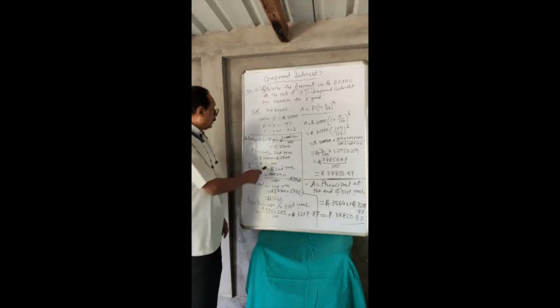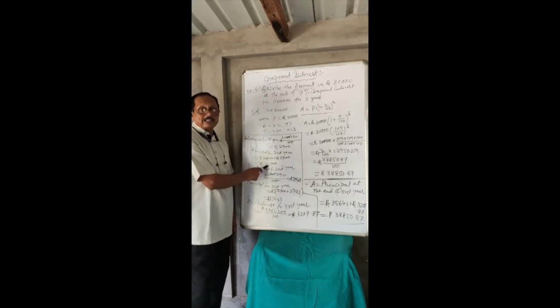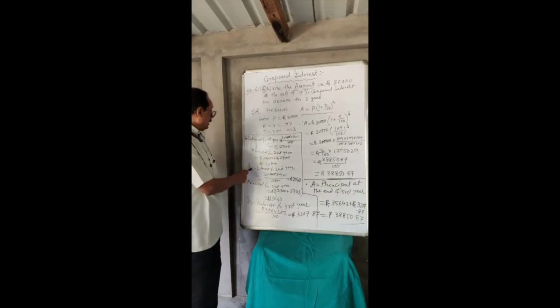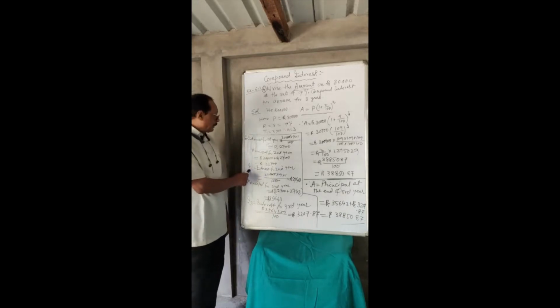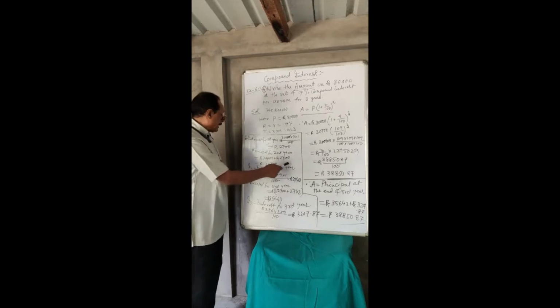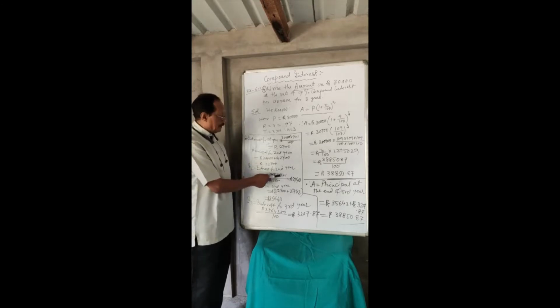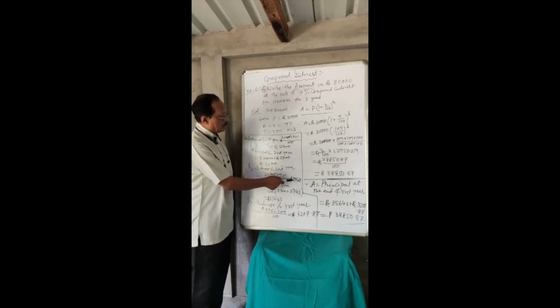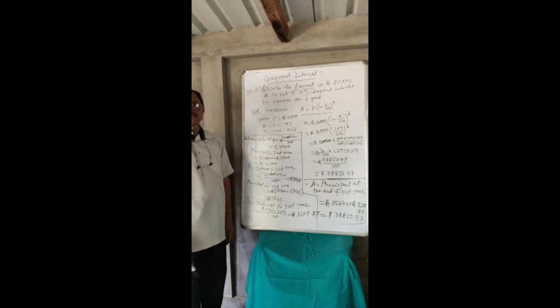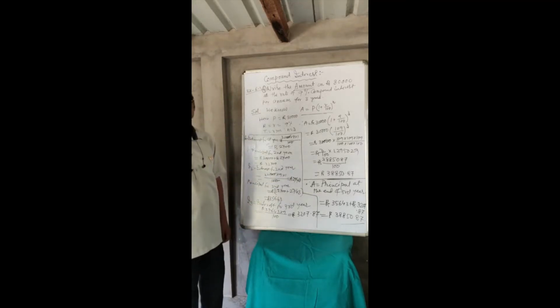Now we have to calculate the interest for the second year, I2. Interest for the second year will be calculated over the principal 32,700 rupees at the rate of 9% for 1 year, divided by 100. Calculating, it is coming as 2,943 rupees interest at the end of the second year.